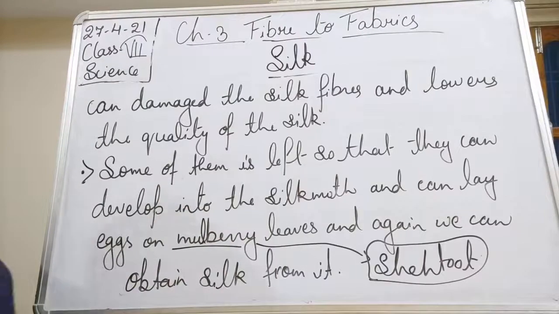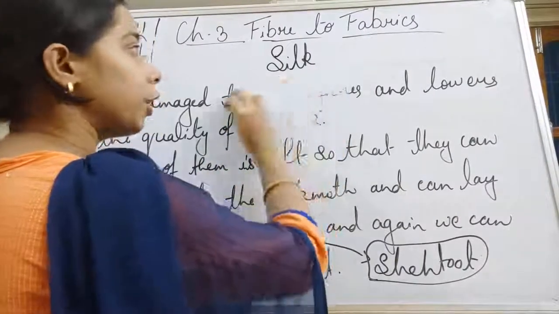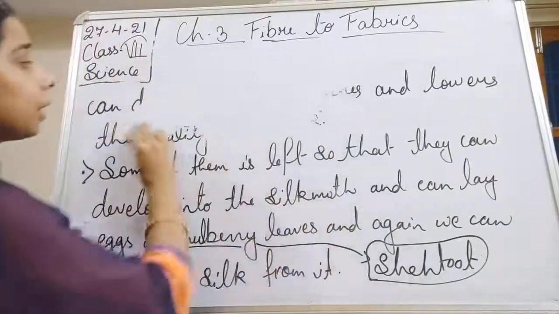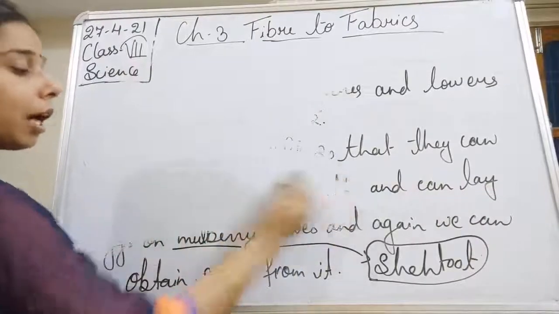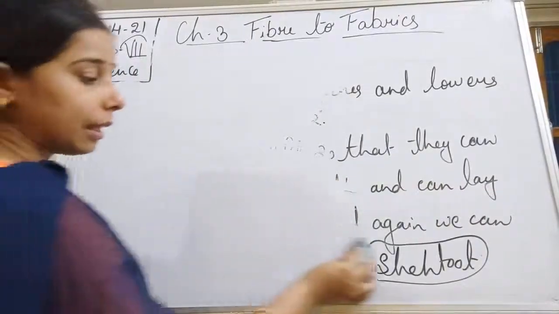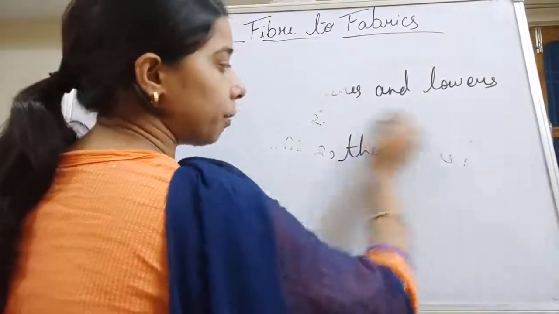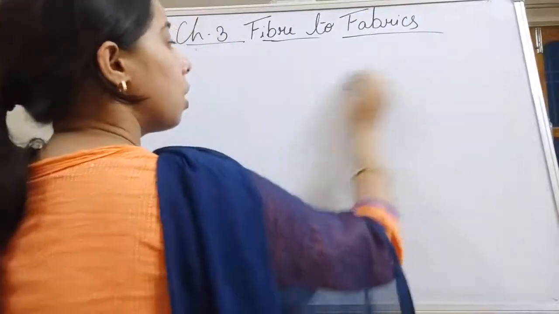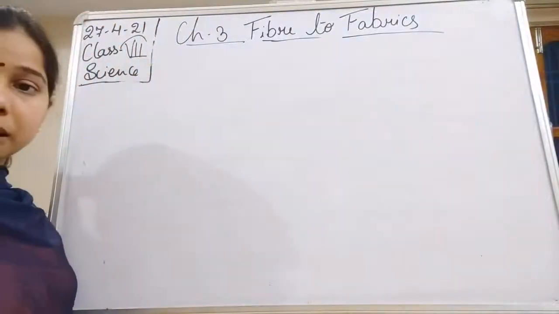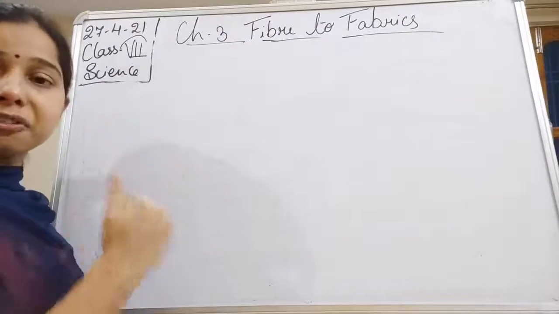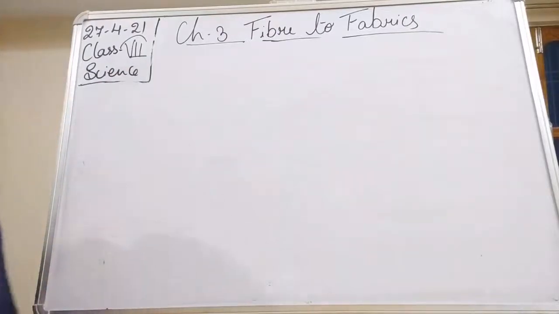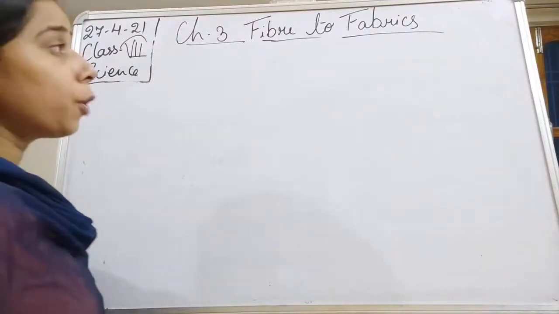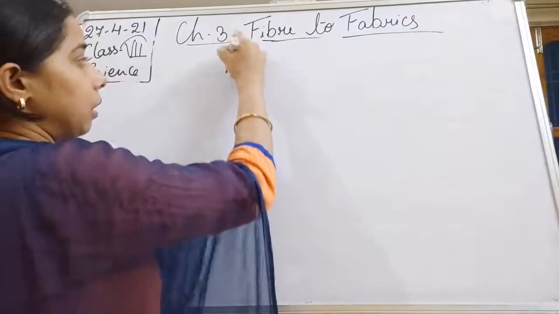Now let us move on. We have understood where we obtain the silk from, and at what stage we should take the silk from the silk moth. Now what are the different steps that we should do in order to get the silk?